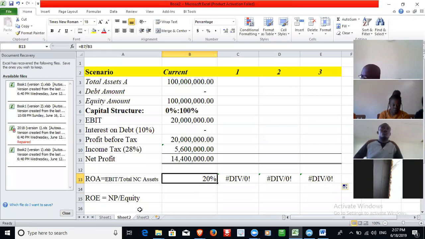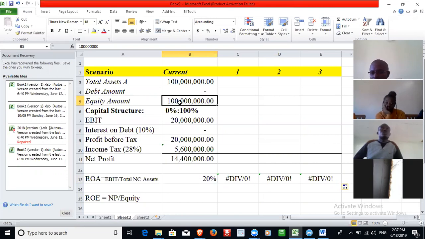Then shareholders at the end of the day will say, we have invested 100,000 into this asset. How much are we going to get as dividends? How do we calculate that?